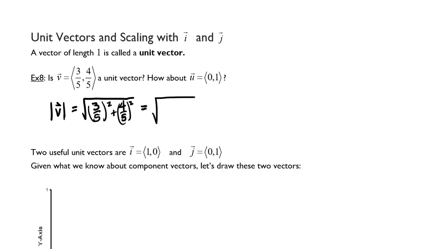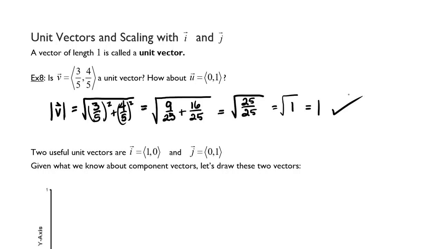Simplifying this, I'll get 9/25 plus 16/25, which is equal to the square root of 25/25, which is equal to the square root of 1, which equals 1. So the magnitude of the vector v is 1.